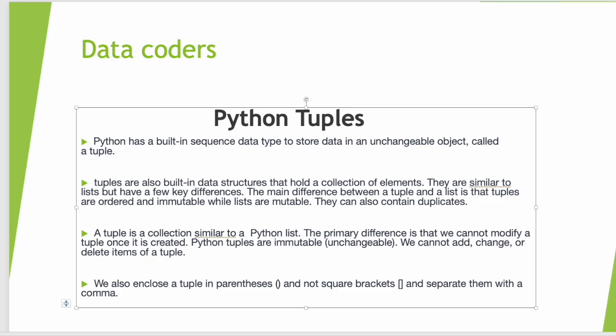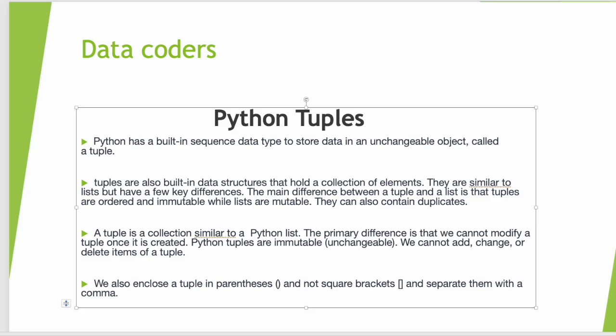Since we can't make any changes in tuples, reading is very fast and performance will be faster than a list. In a list, since we edit and update everything, it's slower than tuples.